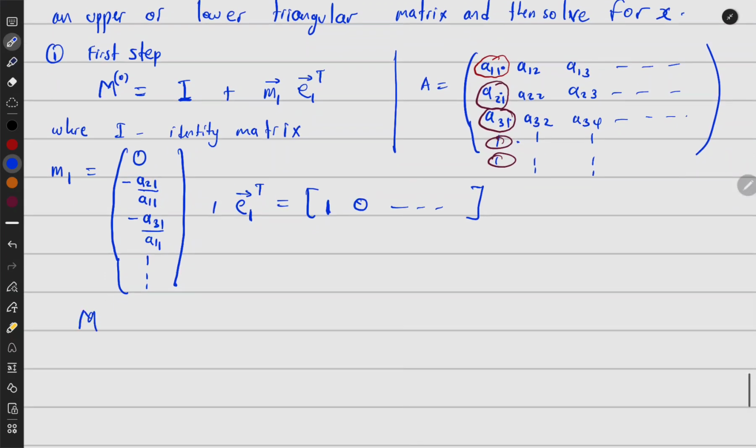So you see that the first M naught you're going to create is going to be of the form, this will be 1. It's like you're adding the identity. This is 0, this is 1 onwards. The ones will continue up to there, these will be zeros.